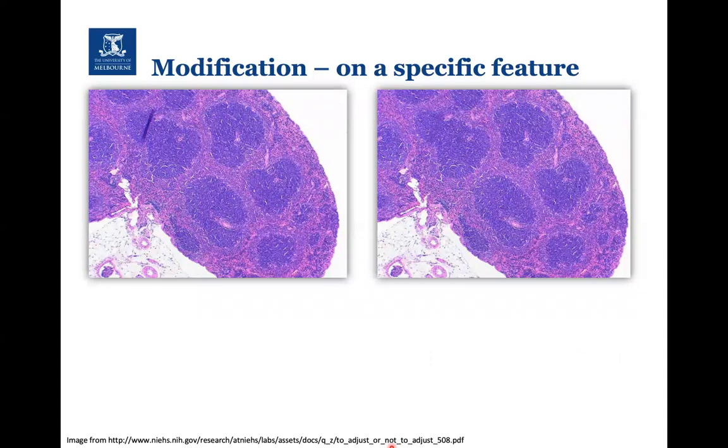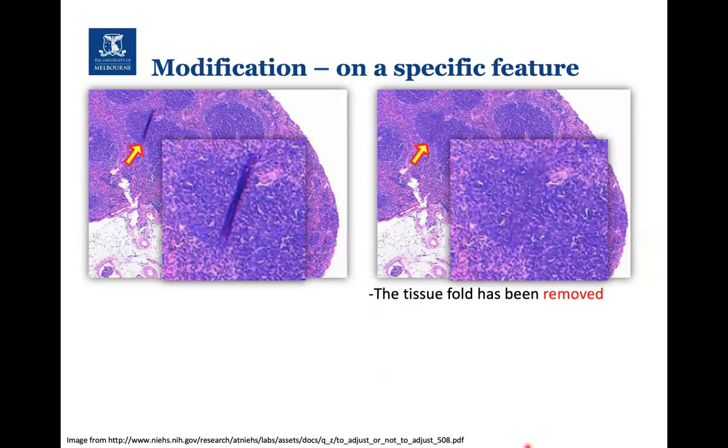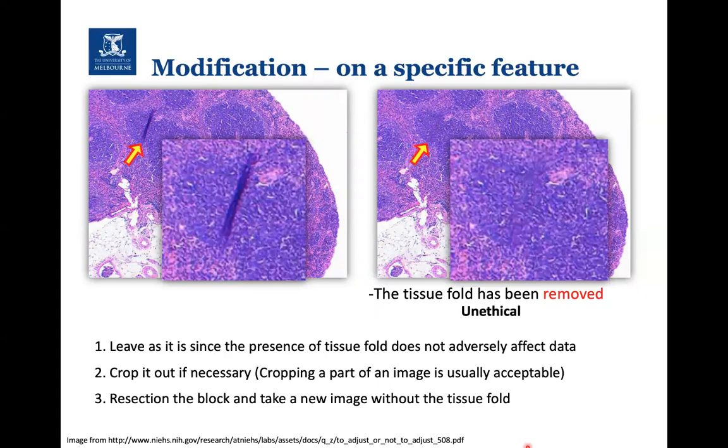In this case, we've got a little bit closer to home. We've got a histology section, and you can see in the example on the left, which is the raw image, we have this fold, which has been removed in the image on the right. Again, a specific feature which has been modified.